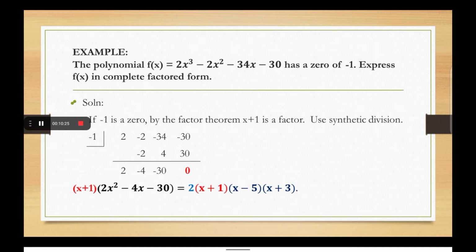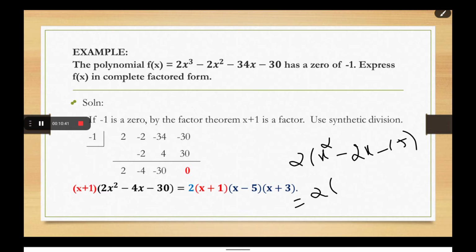Okay, let's see here. We take 2 as common, right? We can write 2 into x squared minus 2x minus 15. That is equal to 2 into, we need to get minus 15 if we multiply, and if we add, we need to get minus 2. What are the two values we can write?